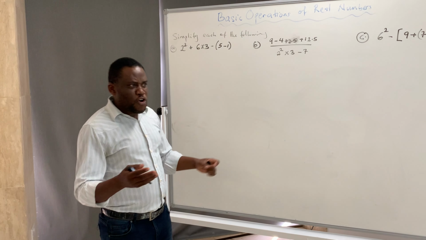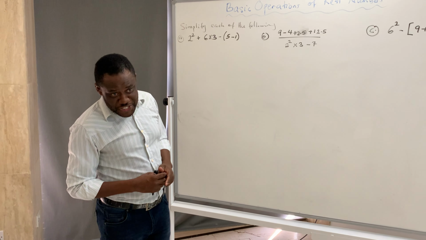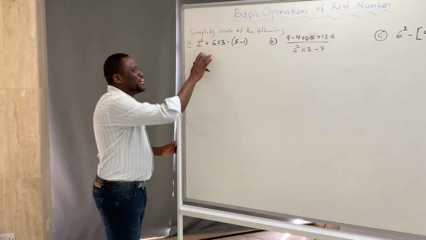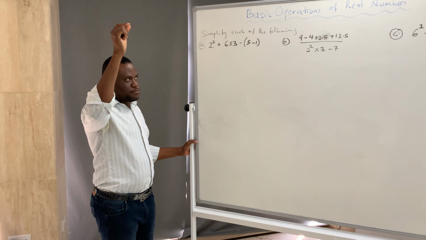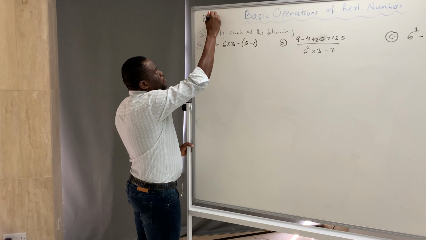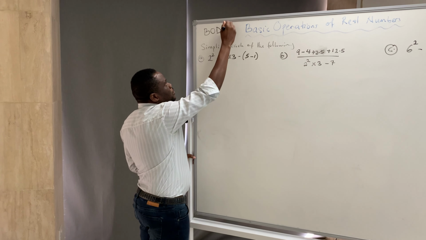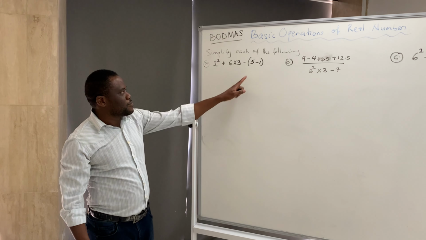Of course, anyone you like to use, but for me, I would like to use BODMAS. The reason? Well, I don't know. Now let's start. BODMAS means bracket first. Parentheses first.